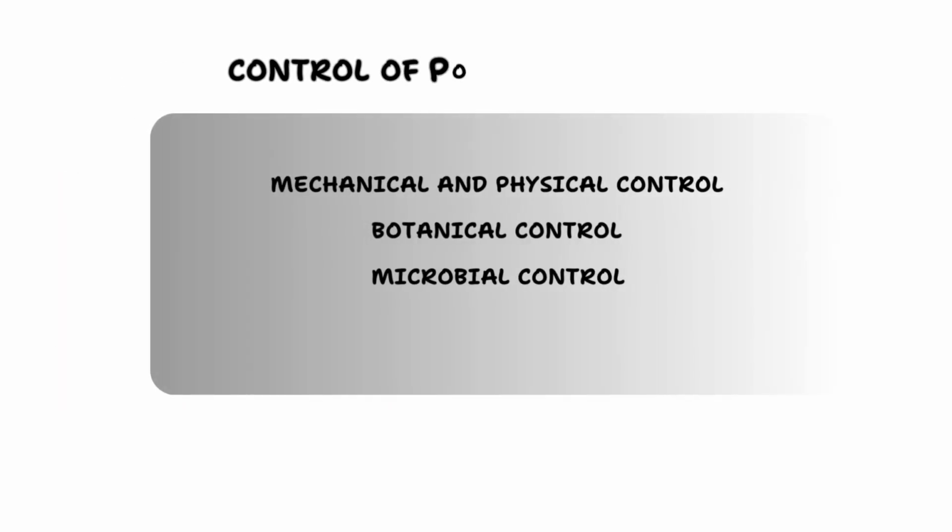There are many ways of controlling powdery mildew organically or biologically. However, in this video, we shall look at three categories of controlling powdery mildew, and we shall look at the mechanical and physical control. We will look at botanical control, and of course, one of my favorites as a microbiologist, we are going to look at microbial control.